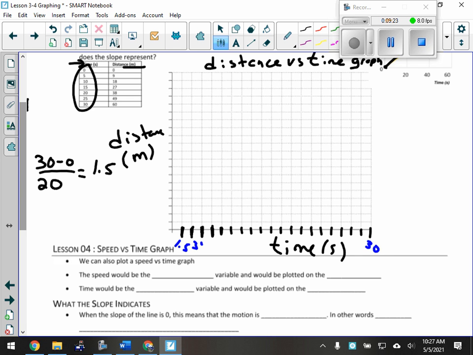This would actually be 30 here, yes? So that would work. The problem is, am I going to hit any of these numbers on the x-axis? Well, you're going to hit 15, because 1.5 does go into 15 evenly. You're probably going to hit 30, because 1.5 will go into 30.